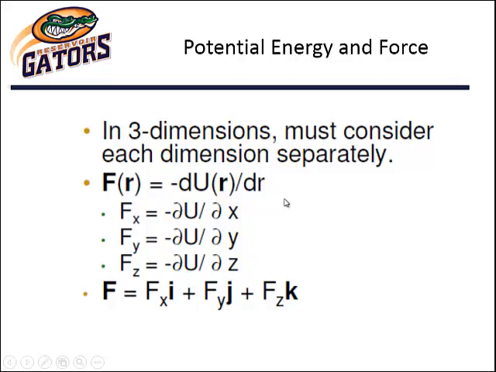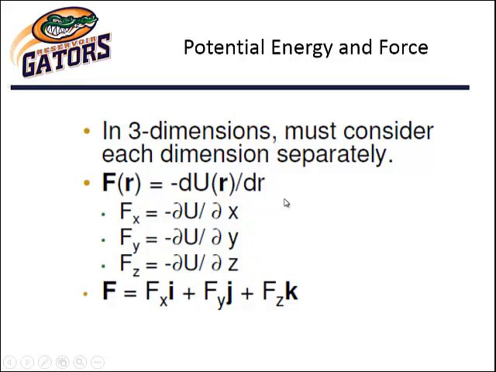Now, this looks really scary because there's some new notation in there, but really the operation that you're going to do here is easy. It's just taking a derivative. So what it's saying is that if you have a force with respect to a three-dimensional position, it's equal to the negative of the derivative of the potential energy function in 3 dimensions with respect to position.